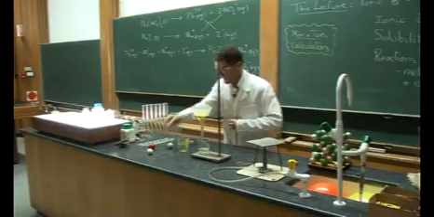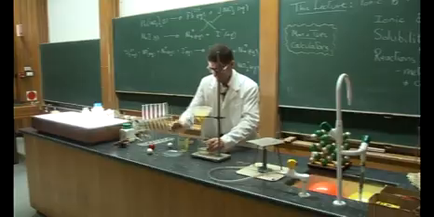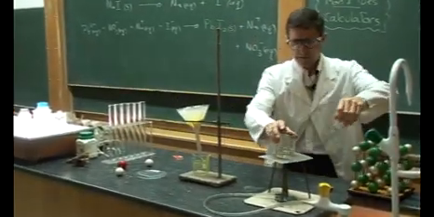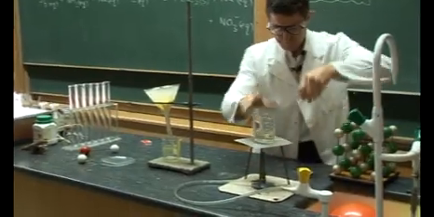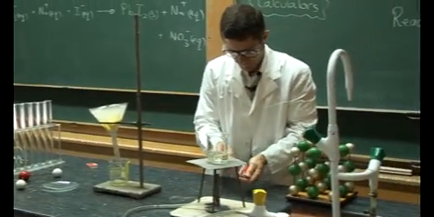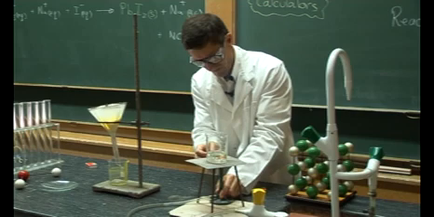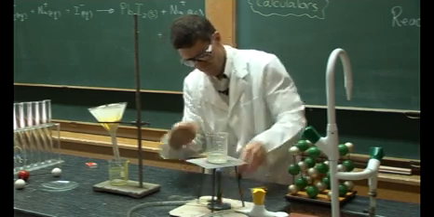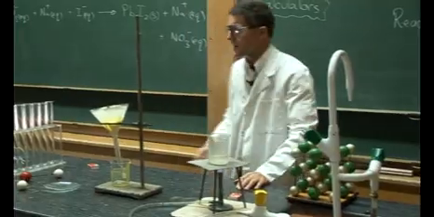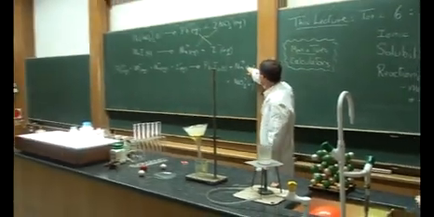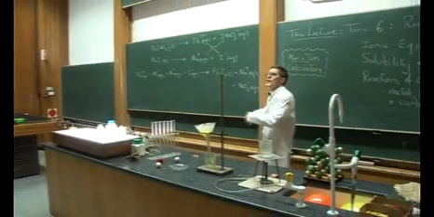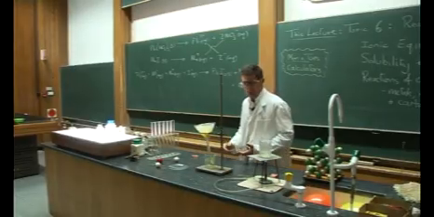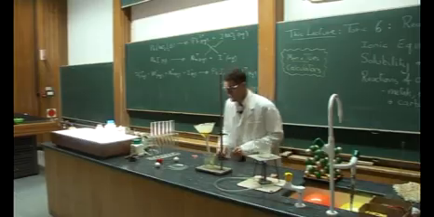Let me firstly swap that over. Leave that going. I have in solution then sodium ions and nitrate ions. If I remove that water, I will end up with sodium nitrate, and we'll see if we can get that.